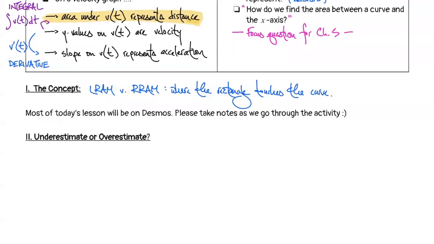Can someone summarize what happened when you tried, say, 5 rectangles versus 1,000 rectangles? What was different about the picture? You get higher accuracy. The rectangles match the curve better.